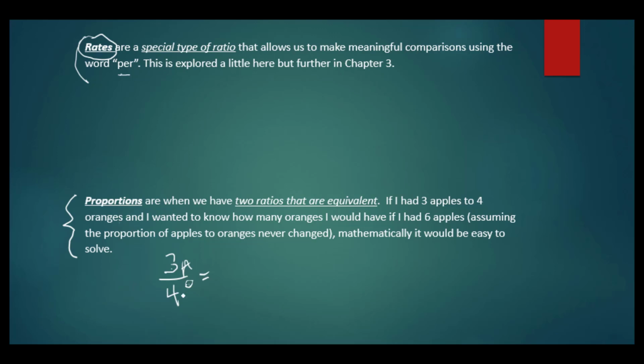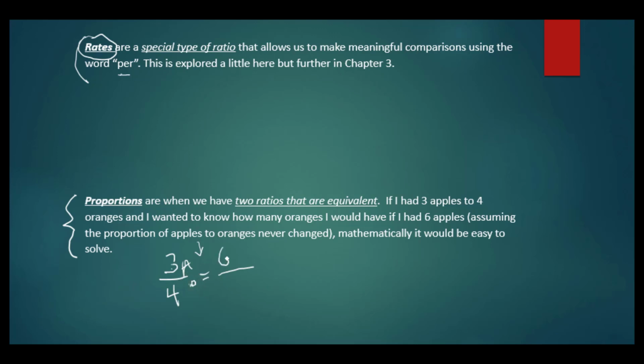We know that. I'm going to set up a proportion and solve this. So there's the first ratio. There's the equal sign. And the second ratio, I only have half of it. I have 6 apples. Now here's where you got to be really careful.